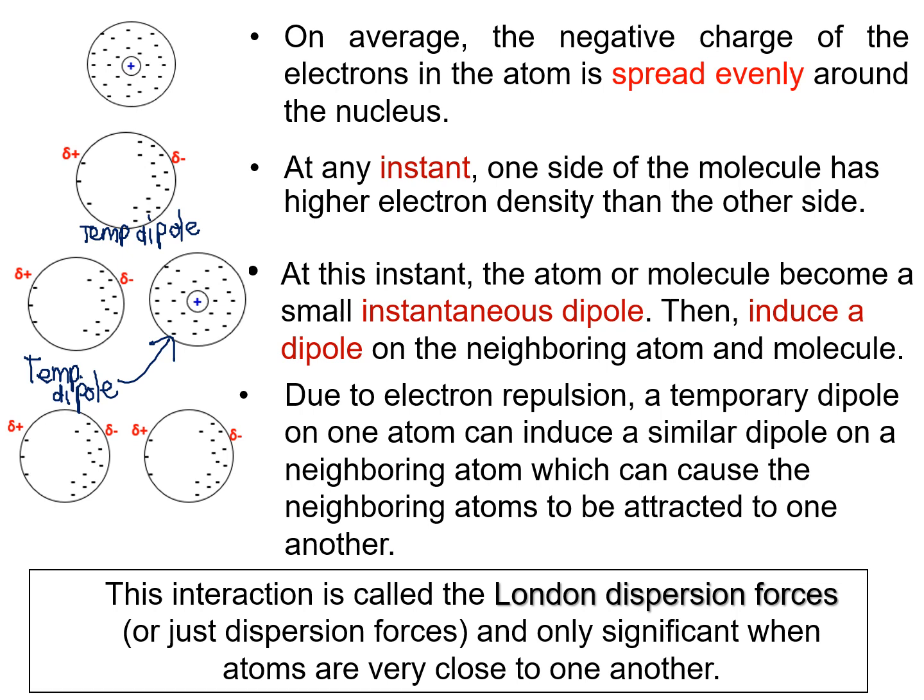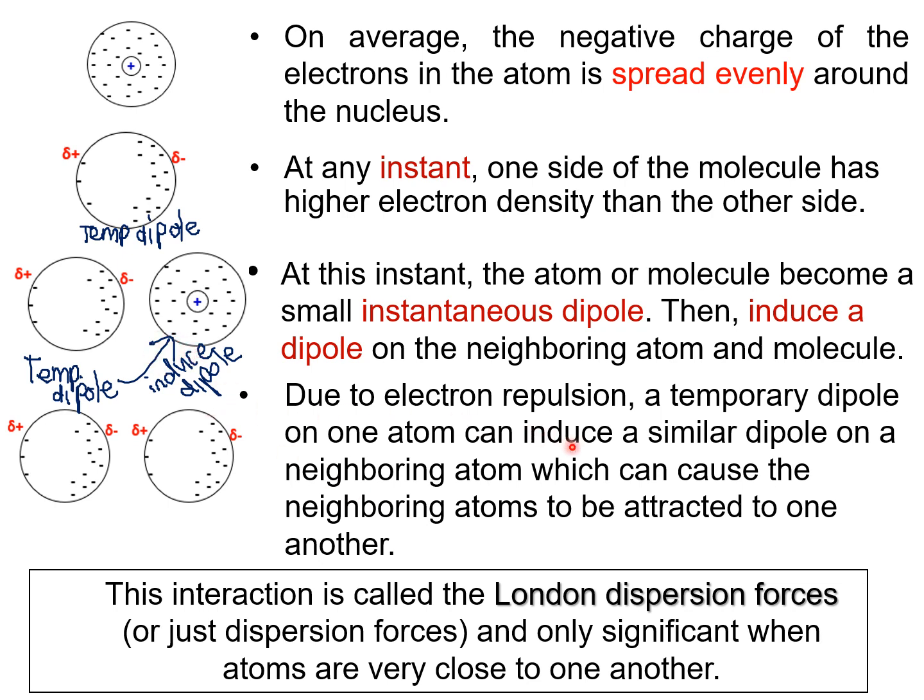We call it as inducing dipole. So apa yang berlaku? Dia akan induce this temporary dipole molecule, dia akan jangkitkan the dipole on the neighboring atom and molecule. Okay, so dia akan inducekan dipole dekat next molecule yang berada di sebelah dia tu.